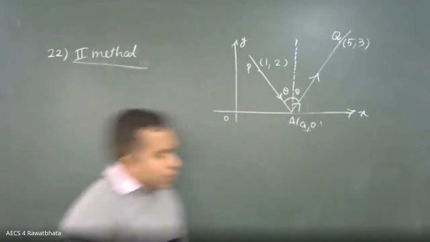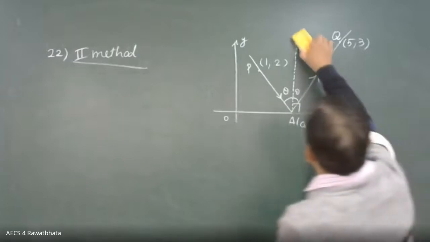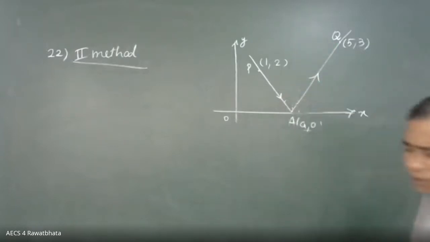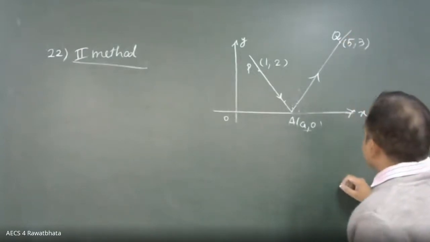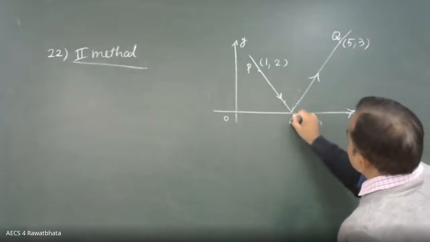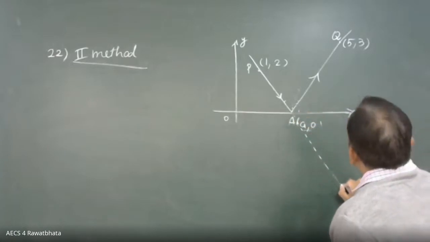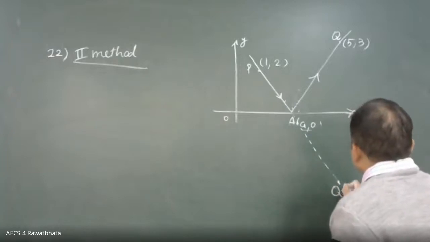Let us do one thing. This will not be needed then. Let us assume its reflection, assuming the x-axis as a mirror. So you will get its image like this, exactly below this Q, you will get Q dash.